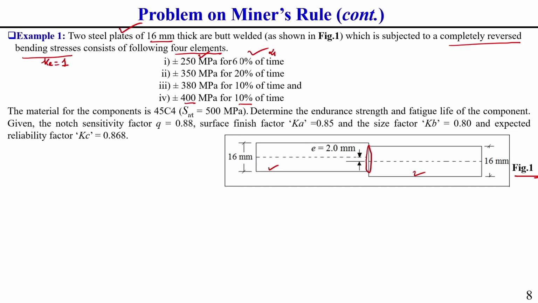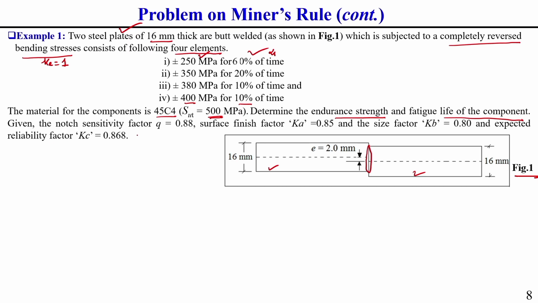The component is made of 45C4, a steel material nomenclature, with an ultimate stress given as 500 MPa. What do we need to determine? We need to determine the endurance strength and fatigue life of the component before failure.